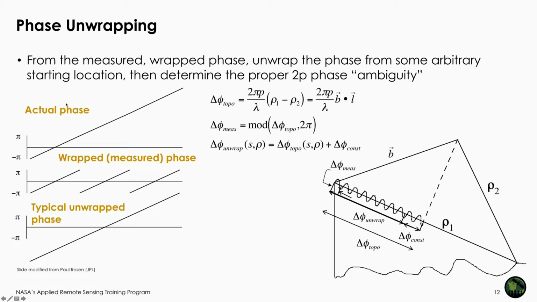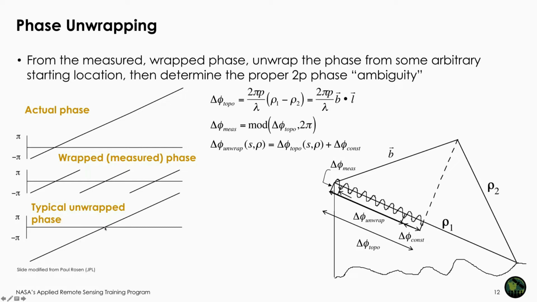So if we have here the actual phase being a ramp, like a linear trend, when we measure it as the interferometric phase, it gets converted to a wrapped phase that only goes between minus pi and plus pi. And what you really want to understand is what the original phase is. So we have to do this unwrapping step, which we'll talk about later.